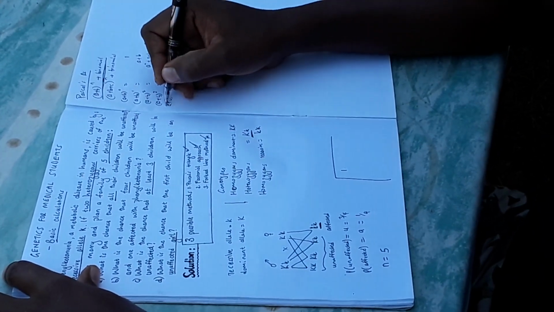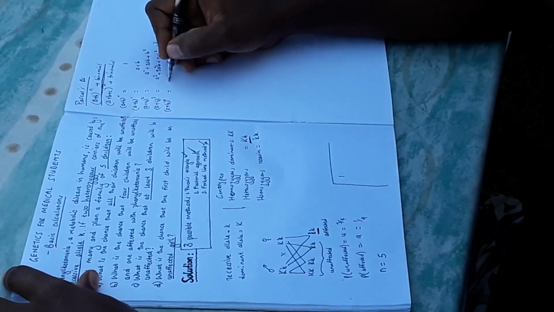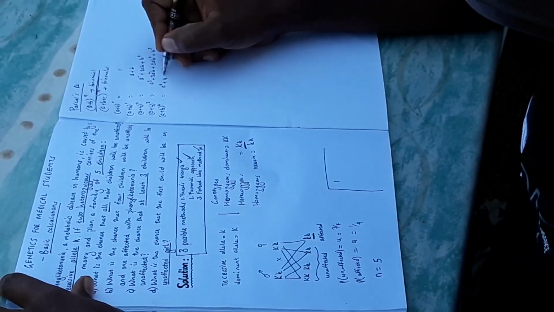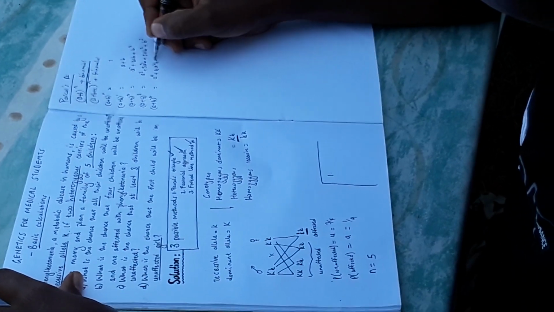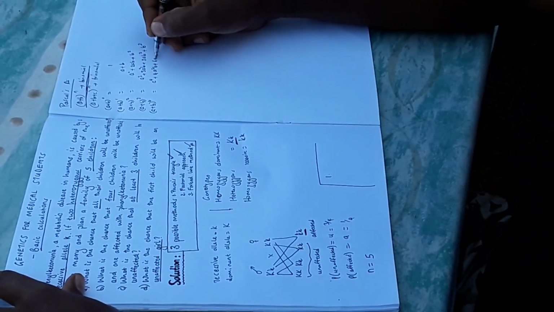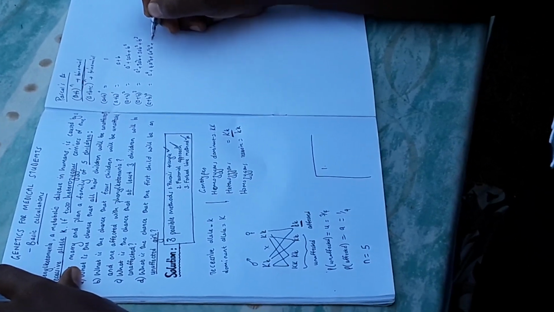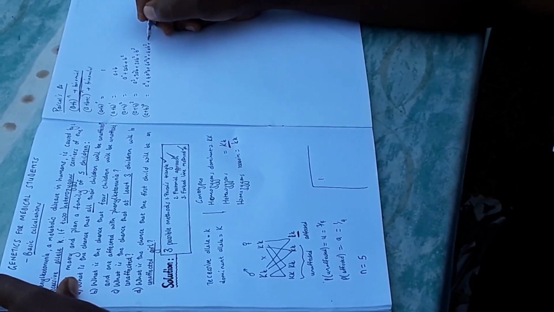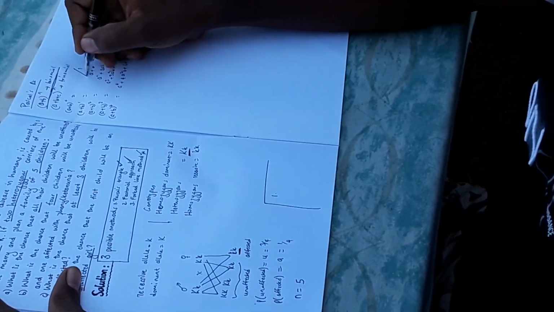(a + b) to the power 4 would give you a to the power 4 + 4a cubed b + 6a squared b squared + 4ab cubed + b to the power 4. If you notice, they are forming a triangle here.